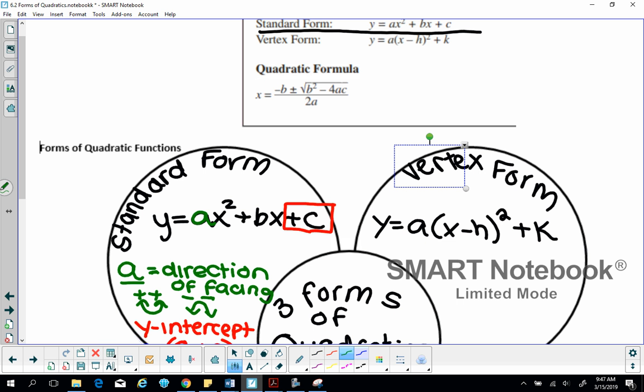So once again, your A is still the same. Your A is still your direction of facing. So that A in front tells you the direction of facing. Is it positive Patricia or negative Nancy?